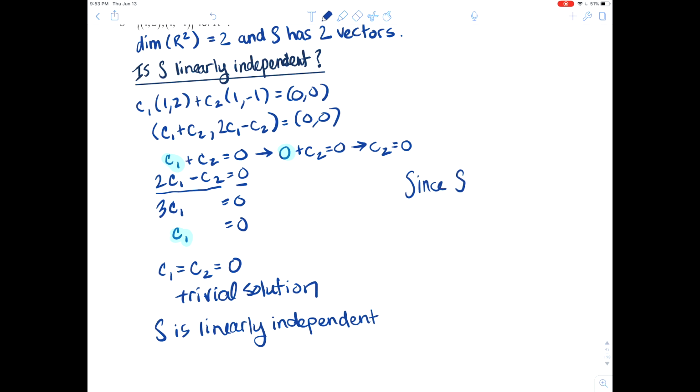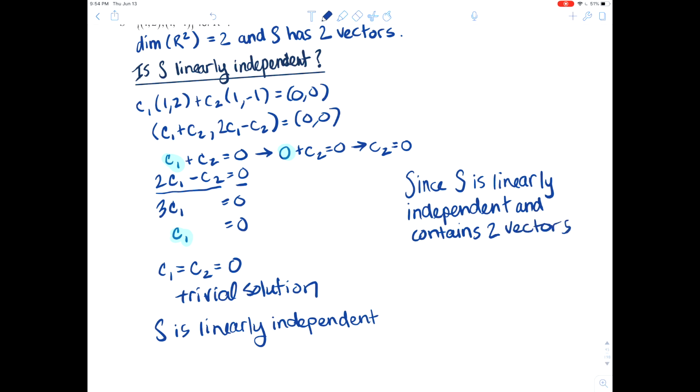Since S is linearly independent, and contains two vectors, and the dimension of our space R2 is equal to 2.